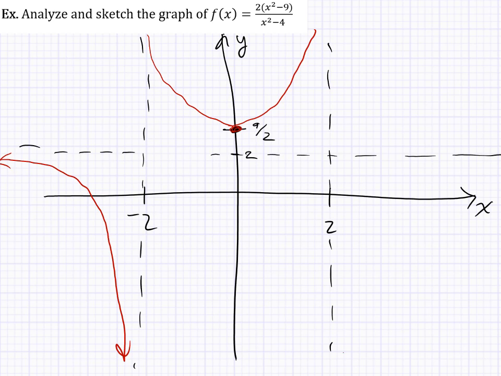Concave down but increasing would give me this picture. All the while remembering that how your function should behave around your vertical and your horizontal asymptotes helps us further understand why the graph would look like this. So this would be the graph of this function, putting together all the pieces that we just computed.